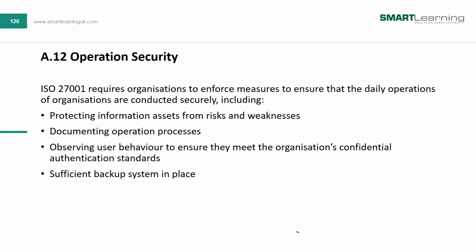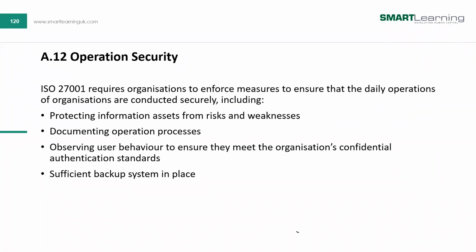Operations is next, and that's 12. ISO 27001 requires businesses to enforce ways to ensure that their operations, the things you do every day, are secure. Strategy is what you do in the long term, and operations are things you do every single day. So how can you achieve your strategy if your day-to-day activities are not secure?